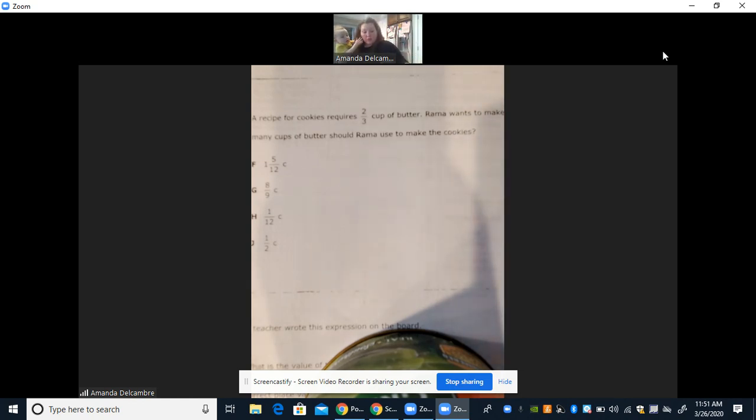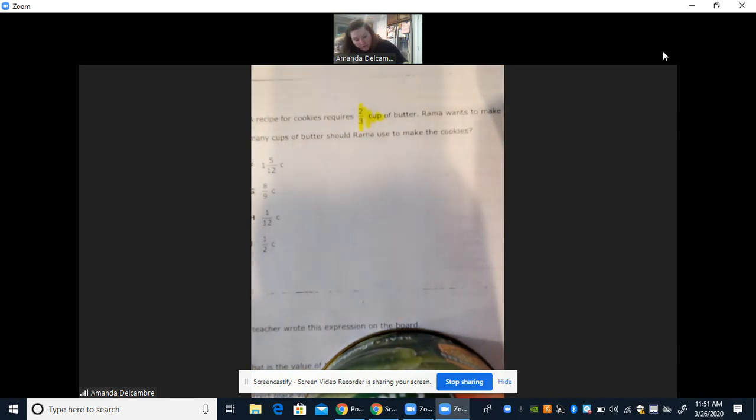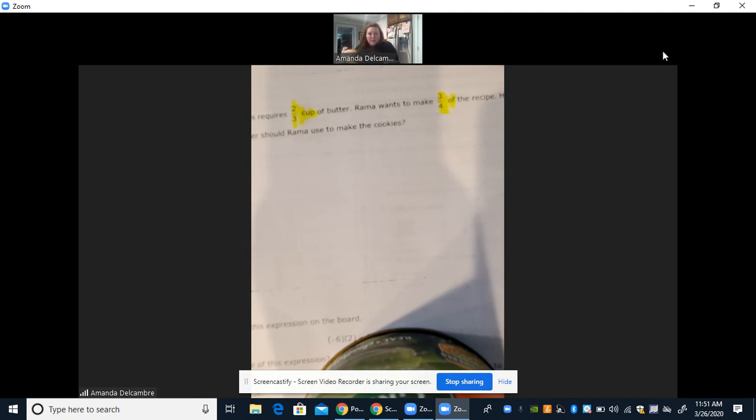Okay, if we're looking for it, we need to know how much butter she needs. Well, the recipe requires 2/3 cups of butter. So this is what the recipe calls for. But she is making 3/4 of the recipe, so she's not making the whole recipe. That's very important to know.